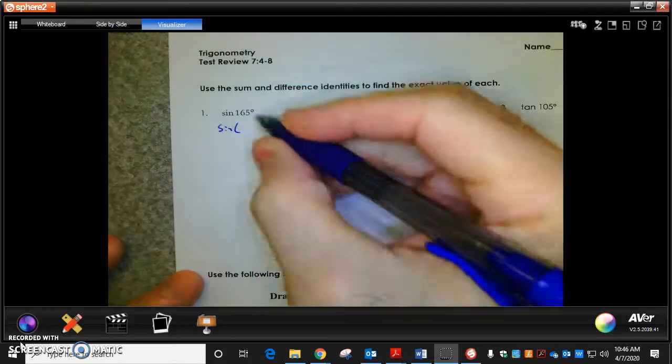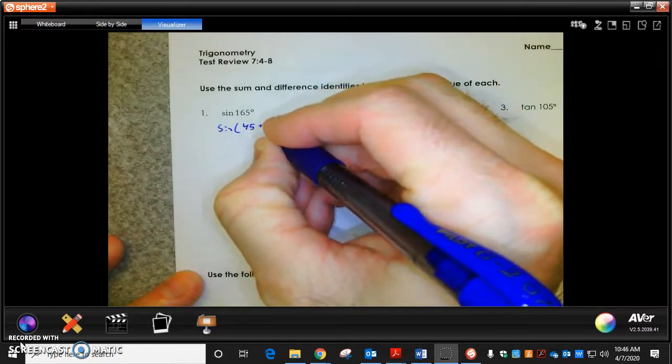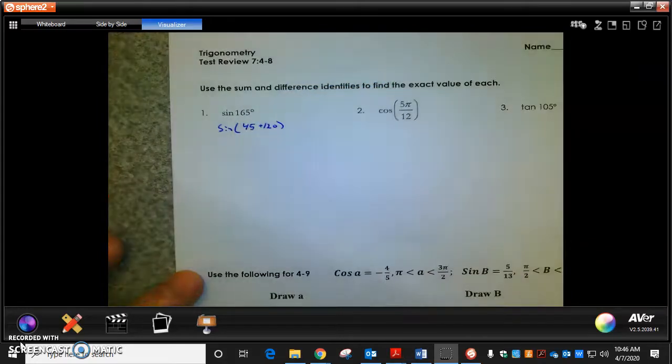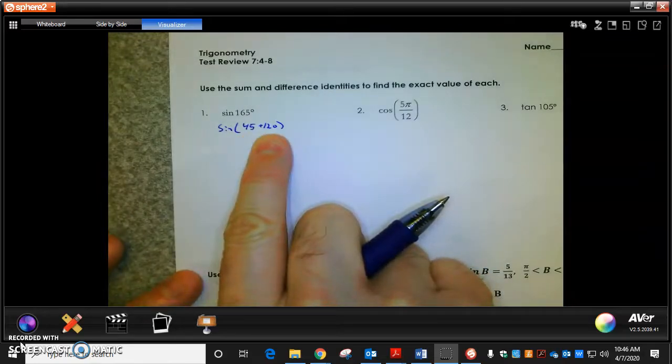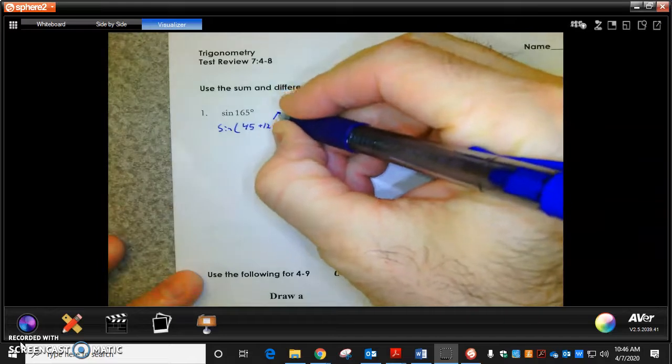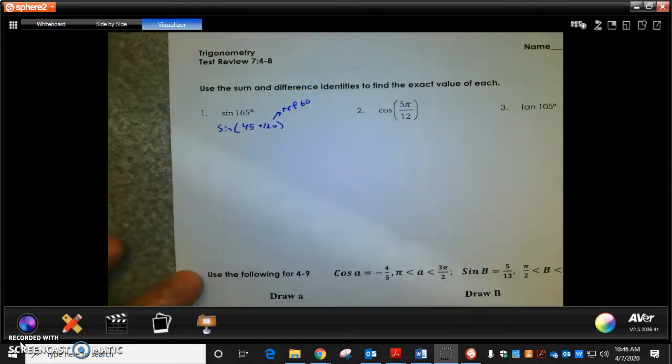Okay, so maybe 45 and 120. Because 45 is on my chart and 120 is not on my chart, but it has a reference angle of 60. So that is on my chart.